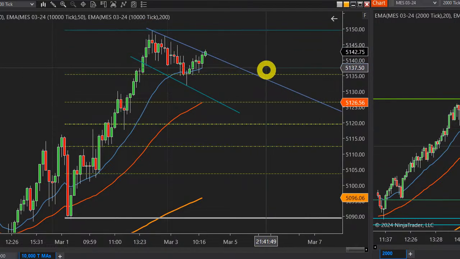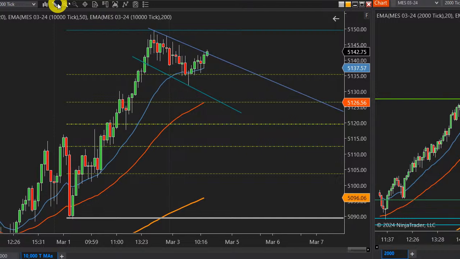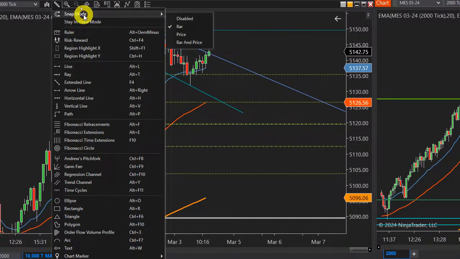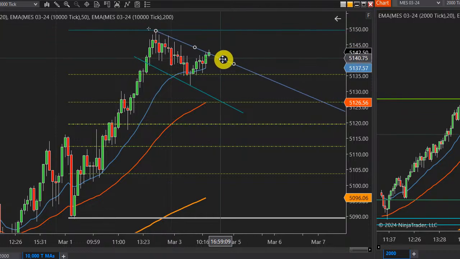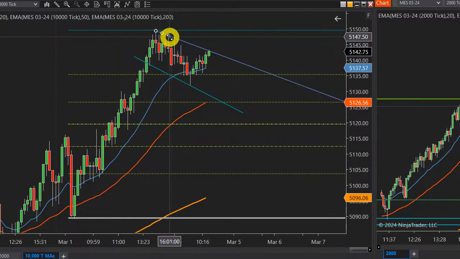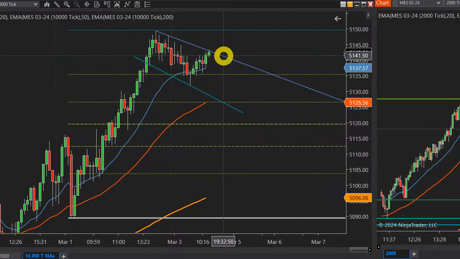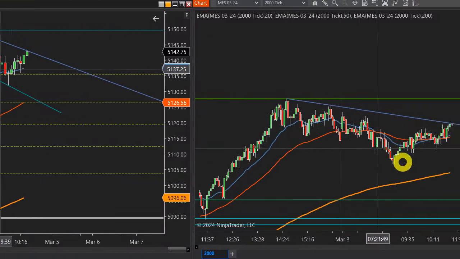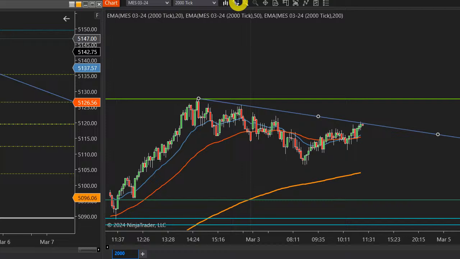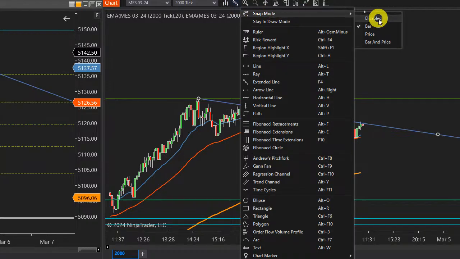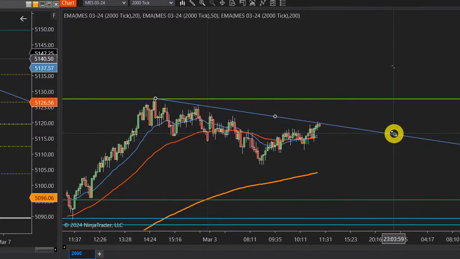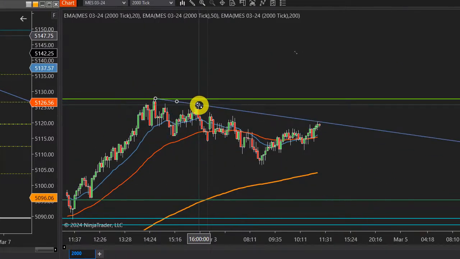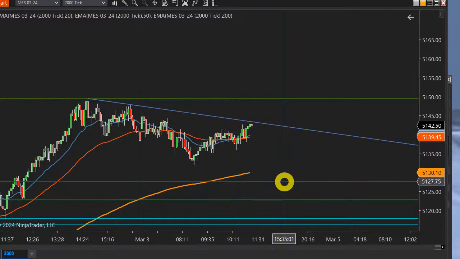It's trying to break through it. We might get a pullback here where I can get back in it.